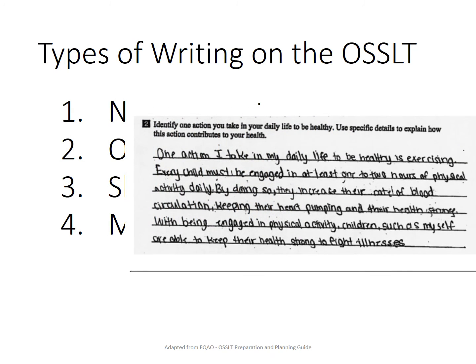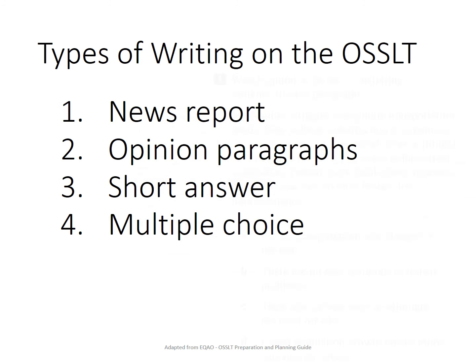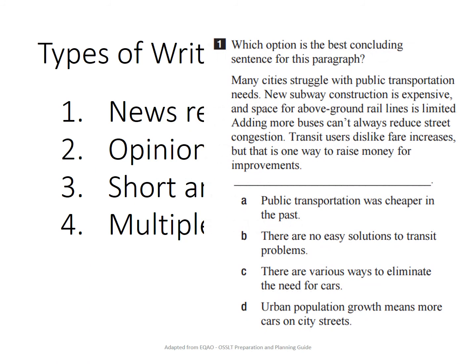Next one, short answer. Identify one action you take in your life to be healthy. And the person had to write 6 lines or a paragraph on that question. And finally, writing multiple choice. There's a paragraph that the student has to read and then identify which sentence is the best concluding sentence for that paragraph.